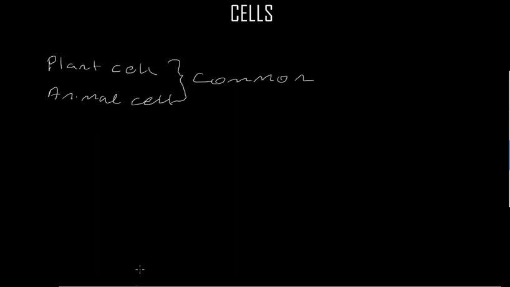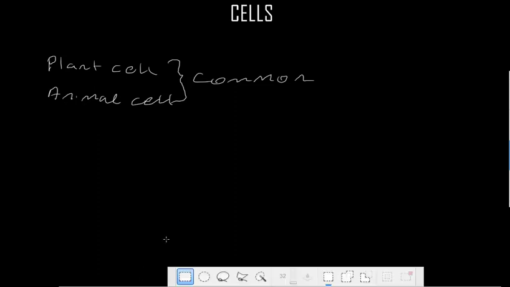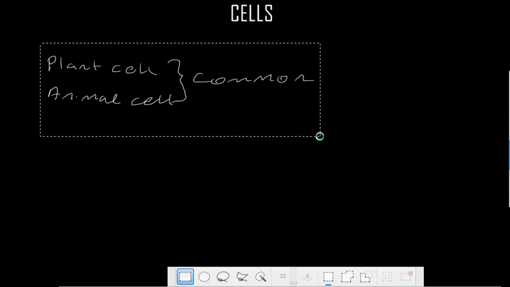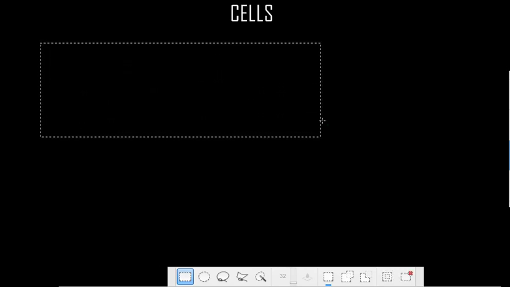Let's look at the building blocks of cells. What makes up cells? When you talk of a common thing in both the animal and the plant cell, the first thing that we can look at is what is known as the cell membrane.